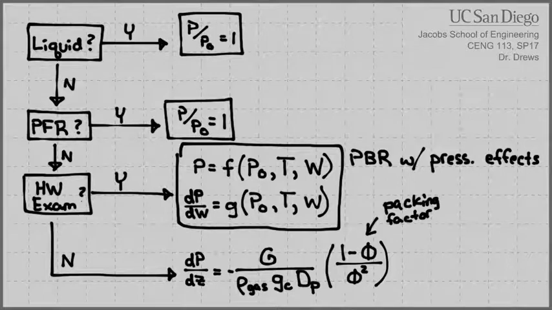And again, your book goes over what all these terms are in a little bit more detail. It's only about 3 pages, and you'll have to read that to do your project. But the phi parameter says if I were to dump this packing inside there, approximately what percentage of that original cylinder is now filled up by catalyst. There's some proportion of that that's filled up, and that's what phi represents.